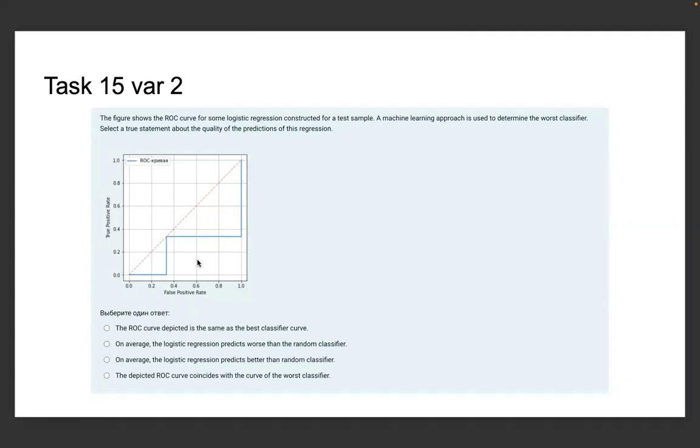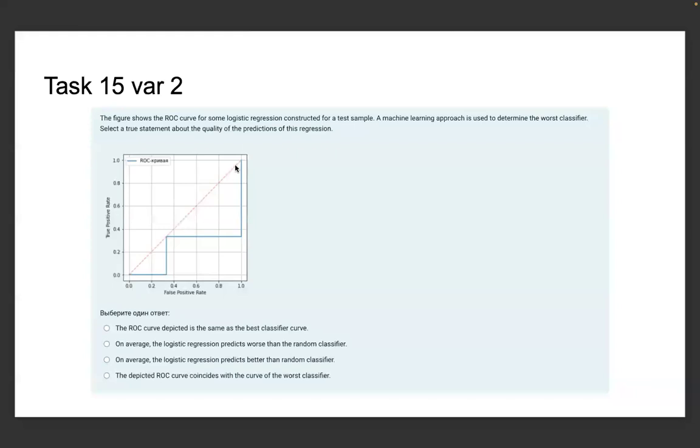But we have to remember that in a classifier we can just change the classes, and for example, here we can change these classes to the positive classes, and we'll have another line that will be upper than this random ROC line.